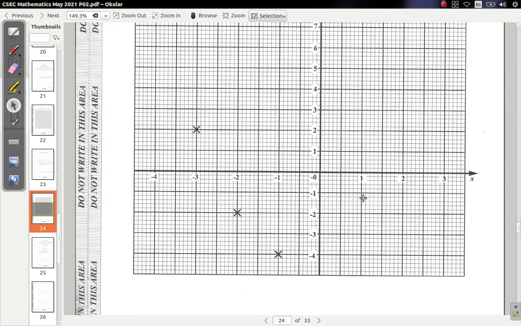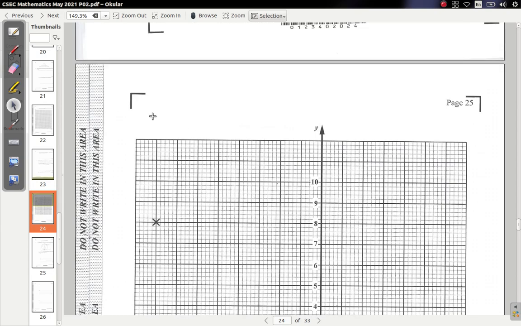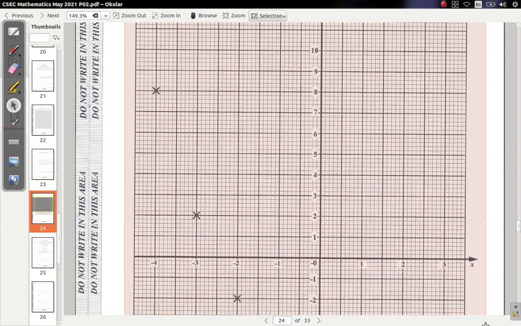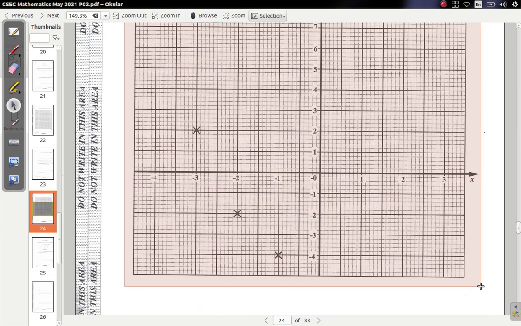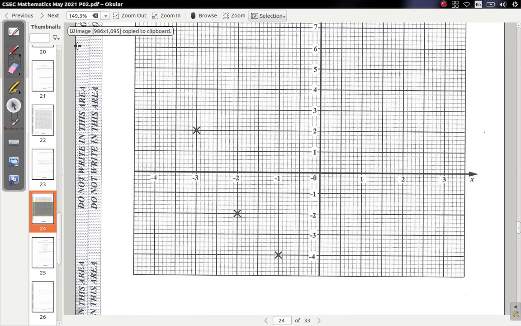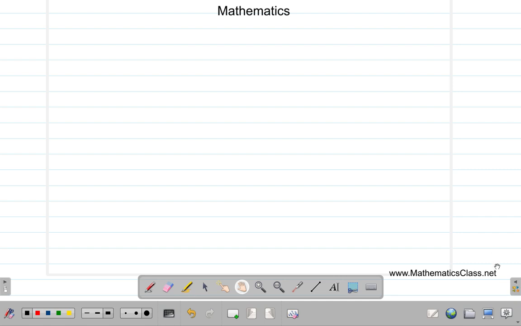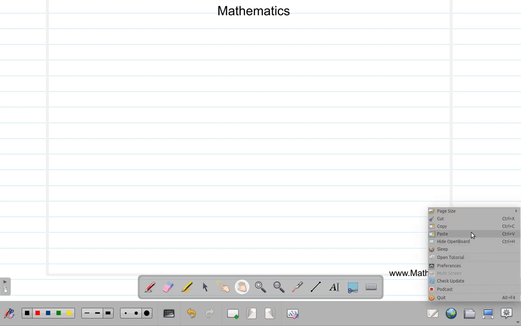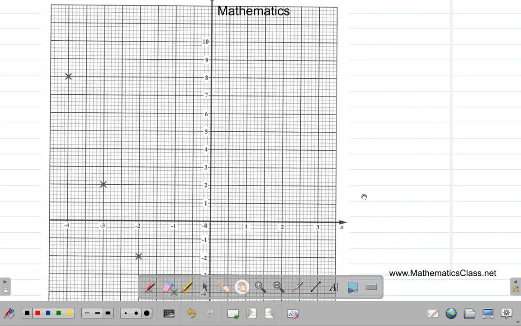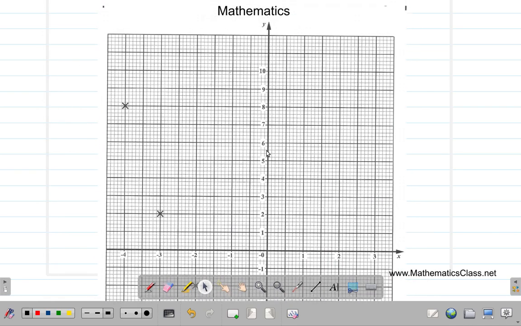Alright, so let me just copy the graph and put it over the next screen. So we have the graph here.